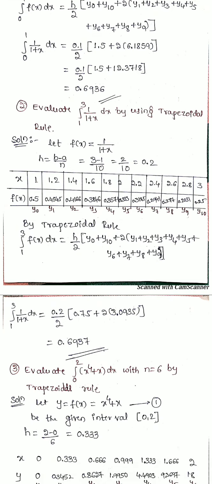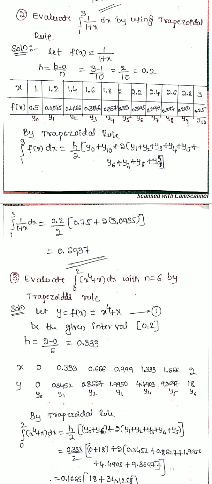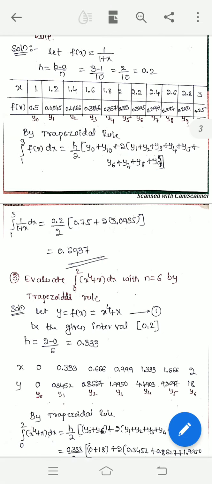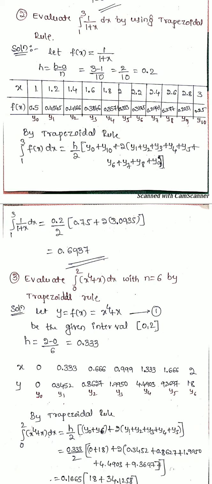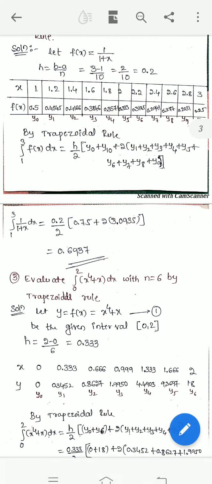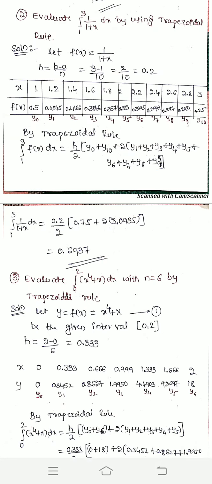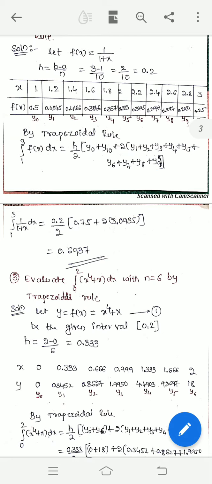Okay, we shall use the trapezoidal rule formula, which is given here: the integration from 1 to 3 of f of x dx is equal to h by 2 into the first term plus the last term, that is y0 plus y10, plus 2 into all the remaining terms, that is 2 into y1 plus y2 plus y3 plus y4 plus y5 plus y6, y7, y8, lastly y9.